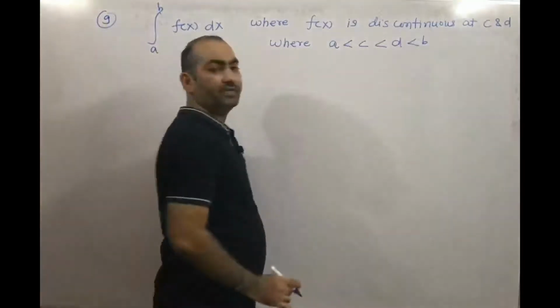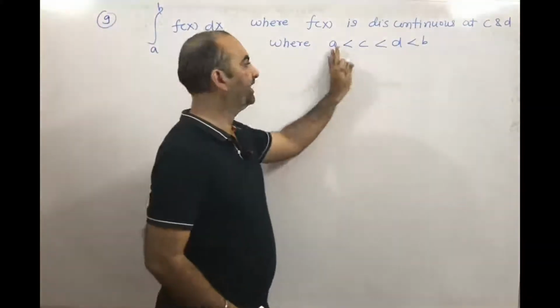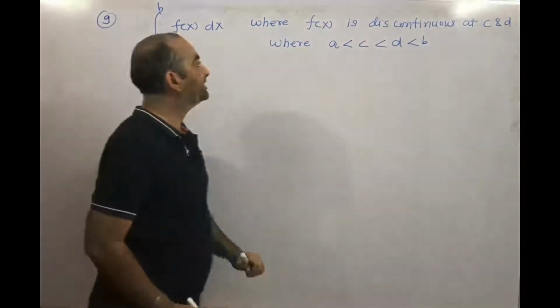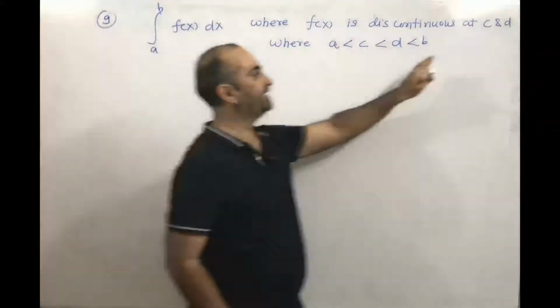That means we can say that the points c and d lie between a and b. And f(x) is discontinuous at the 2 points c and d.